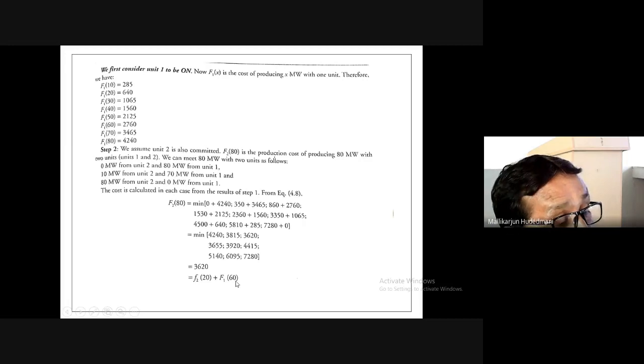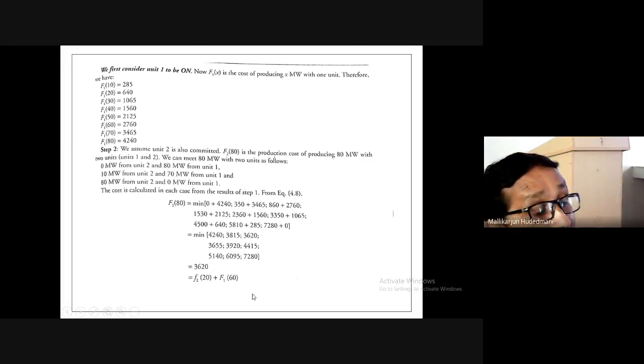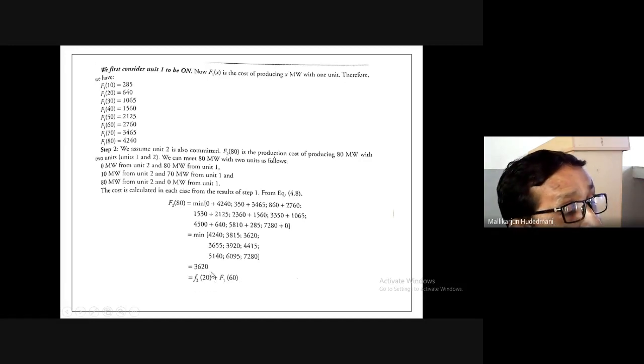So therefore, your best unit commitment for 80 megawatt for 2 generators is to work out 60 megawatt from machine number 1, 20 megawatt from machine number 2. This is the first combination I worked out for 80. Now, whenever you are combining 2 machines together in this plant for an 80 megawatt load, this is forever the best combination we should remember.